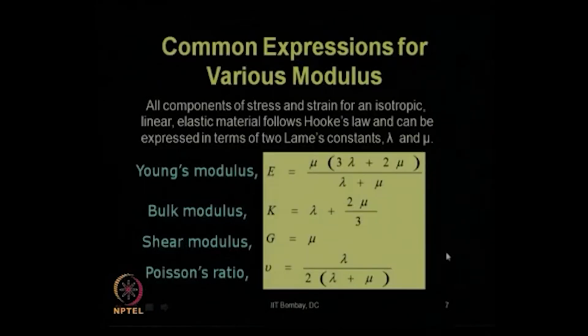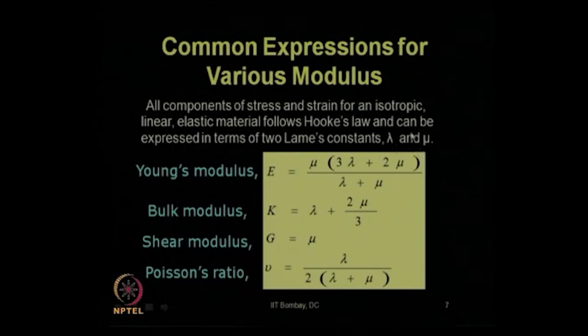Now, these are the common expressions for various moduli which we use in our mechanics related problems. All components of stress and strain for an isotropic linear elastic material which follows Hooke's law can be expressed in terms of these 2 Lame's constants, lambda and mu.